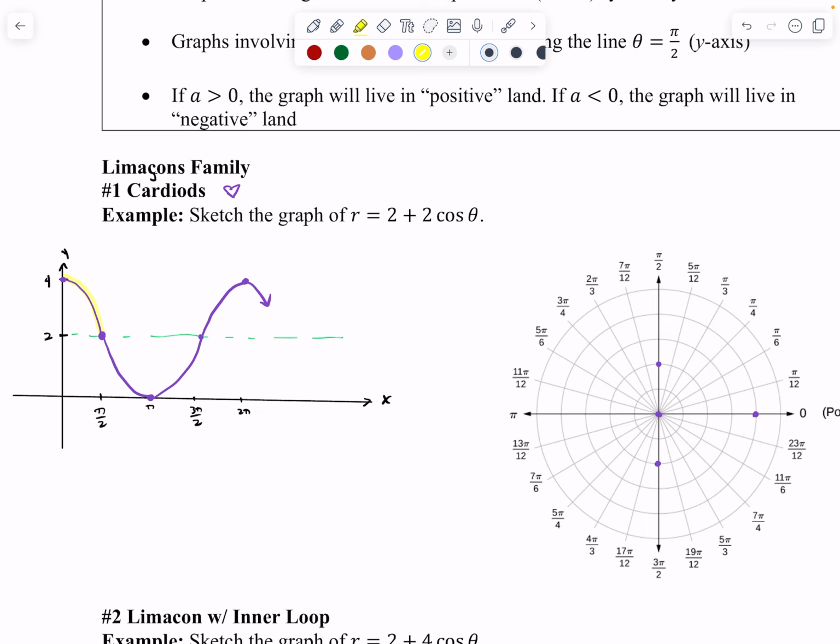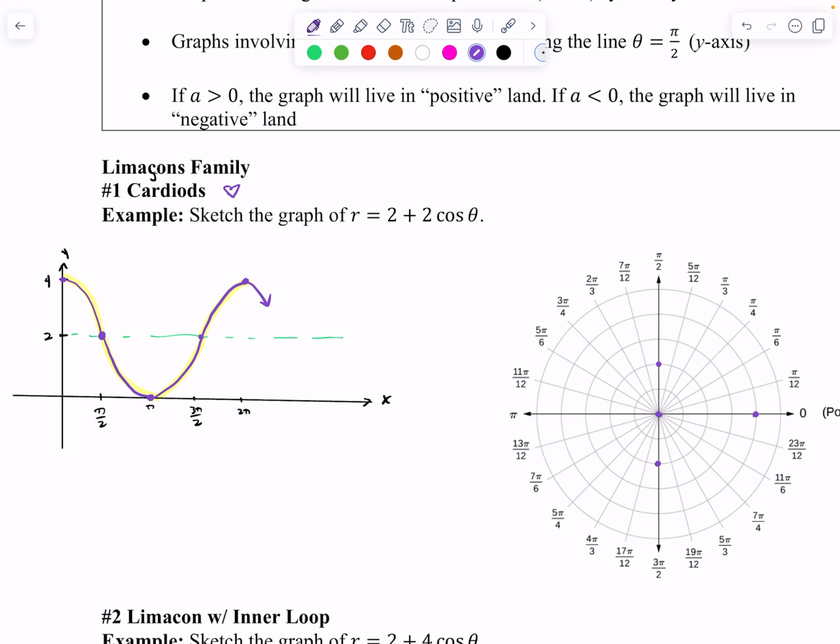And then between pi over 2 and pi, those would be values that are between 0 and 2, so smaller values of r. And then again, smaller values of r between pi and 3 pi over 2, and then the larger values, between 2 and 4, for quadrant 4, 3 pi over 2 to 2 pi.